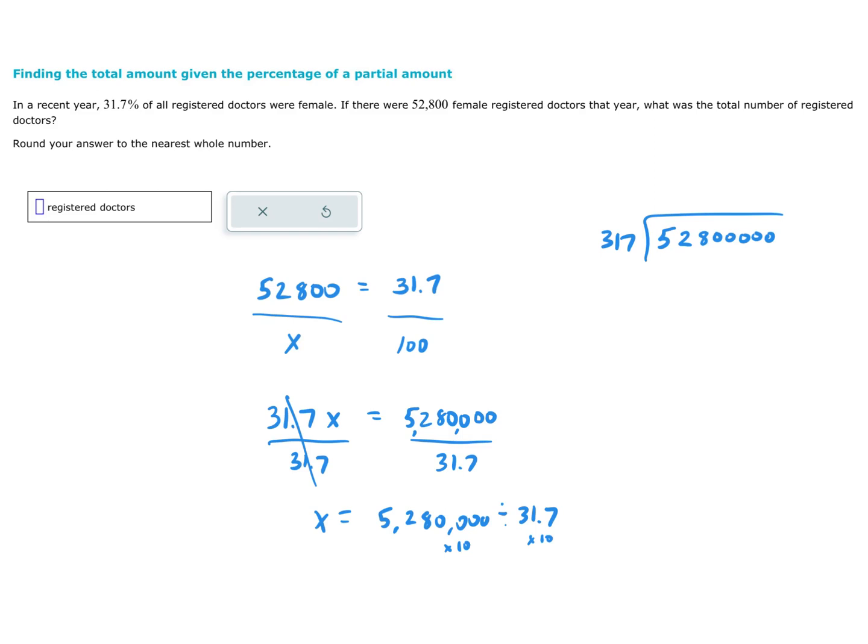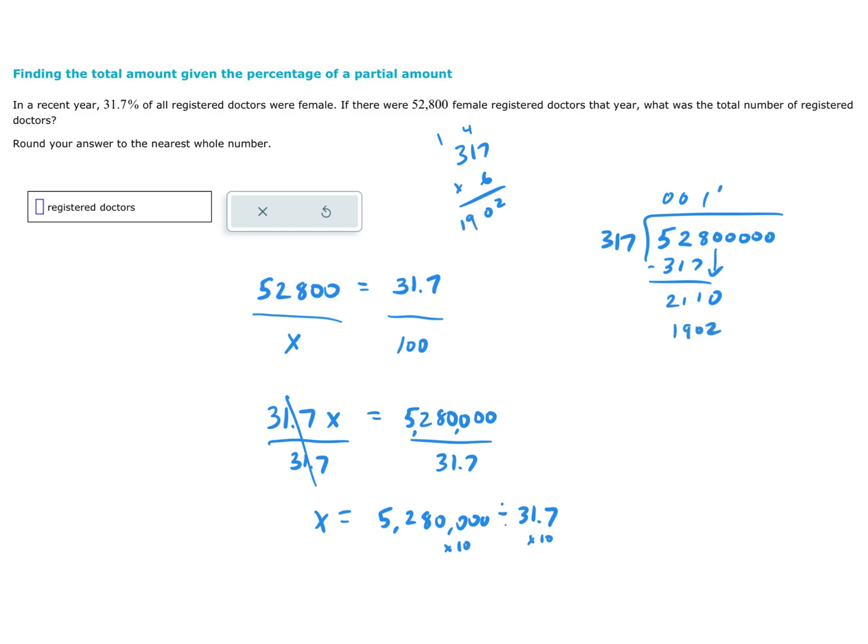Certainly if you can use a calculator, do it, because this will take you quite a while. It's going to go in one time. That's going to be 211, and then we're going to have lots of fun with division. 317 goes into 2,110 maybe 6 times. 18 and 1 is 19.